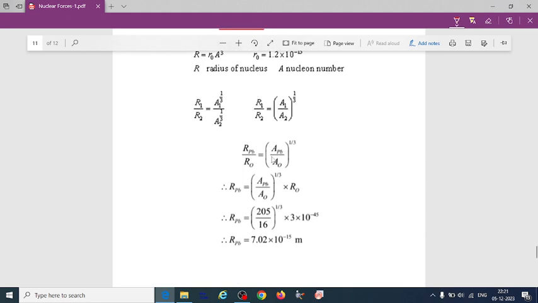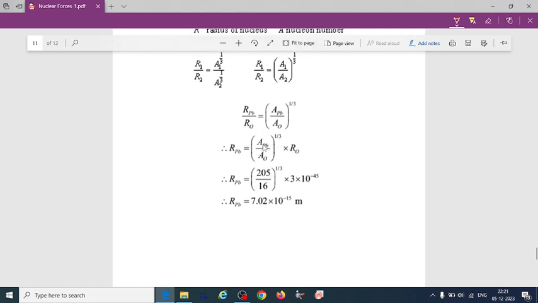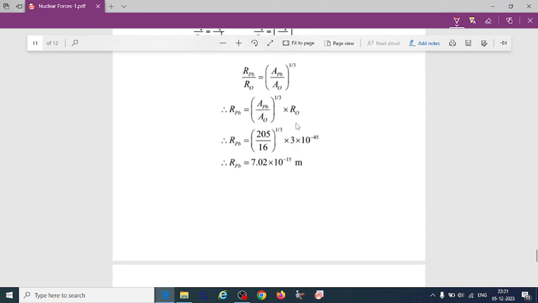So let us take the ratio of the radii of lead and oxygen. The mass numbers of lead and oxygen you must know. After substituting, R naught is a constant, 3 into 10 to the power minus 15.